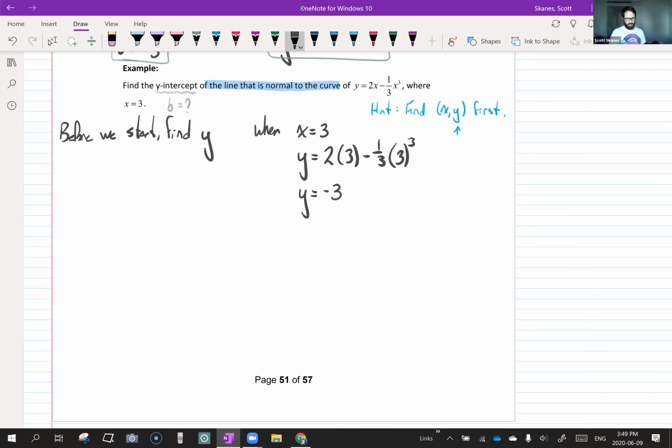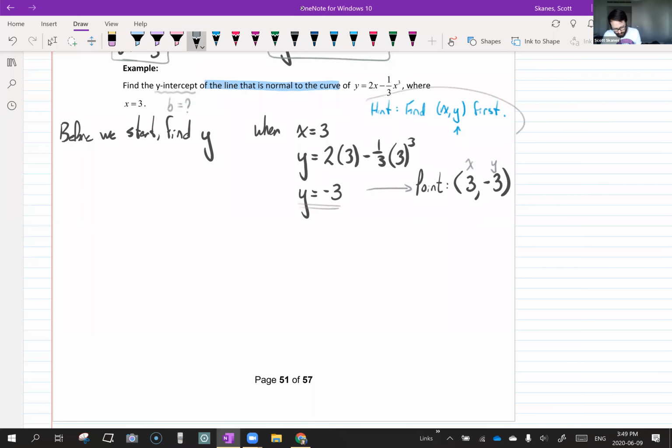So that's my first step. That's an important step. What that means is that my point xy is actually going to be, when x is 3, y is negative 3. Okay. That's our x and y values.